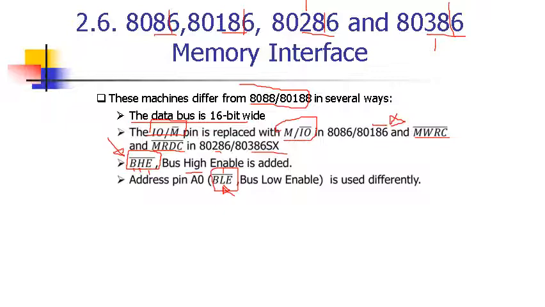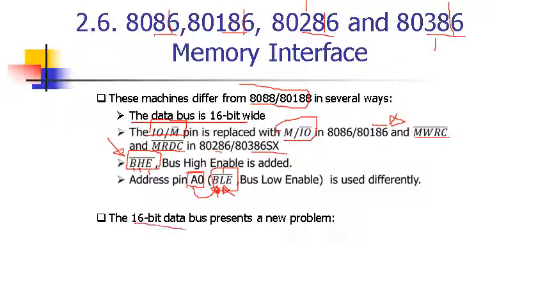You have to provide a zero to this pin of your microprocessor, and we do this by dedicating the least significant bit of your address, which is A0, to activate the lower bank. So the lower bank is activated separately and independently by A0. Good.